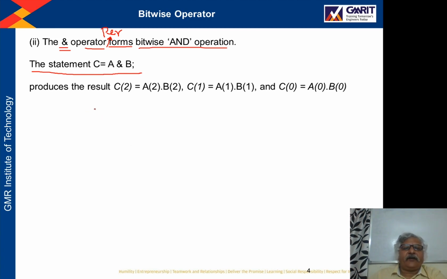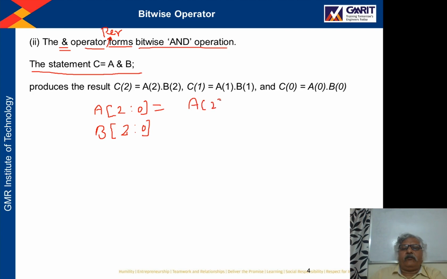A and B are vectors. Already we discussed how we created this vector. A is 2 colon 0, right? And B is 2 colon 0.